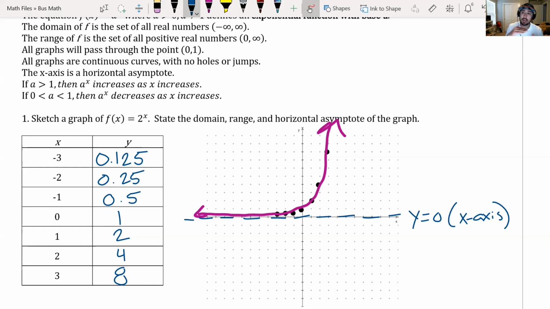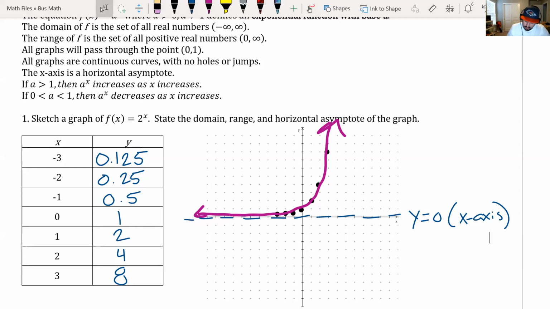And no matter what x value you plug in that's heading towards negative infinity, you're going to get really close to the horizontal asymptote. You're going to get really close to 0, but you're never going to touch it. You can prove that with your calculator. You can type in 2 raised to the -100, and you're going to get a decimal number, like 0.0000 something, and it's still not 0. So that means it'll never, ever touch the x-axis.